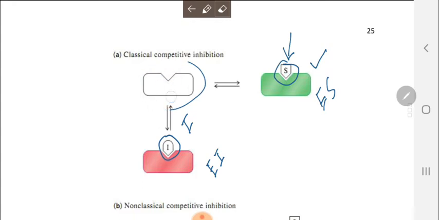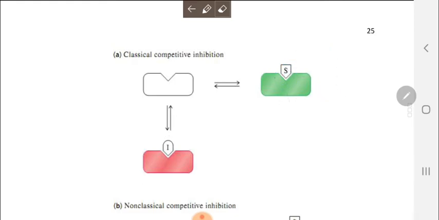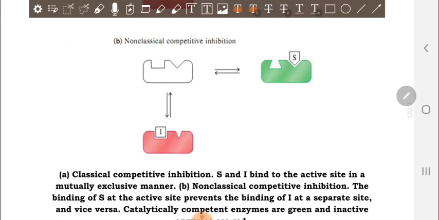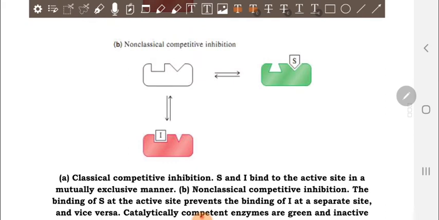That is why it is called competitive type of inhibition. Competitive inhibition is classified into two types: the classical competitive type, and the non-classical competitive type. In the non-classical type, the inhibition is still competitive, but the inhibitor and substrate do not compete for the same site. The site is different.